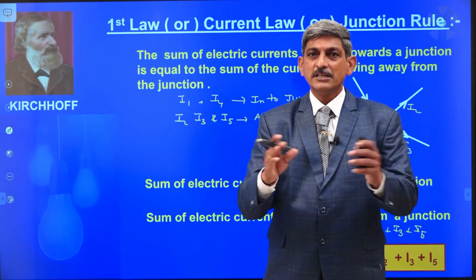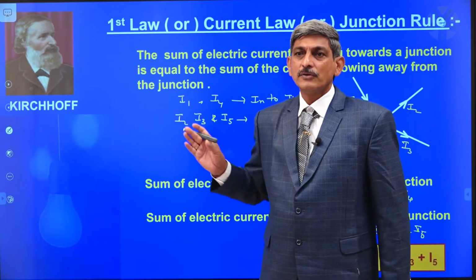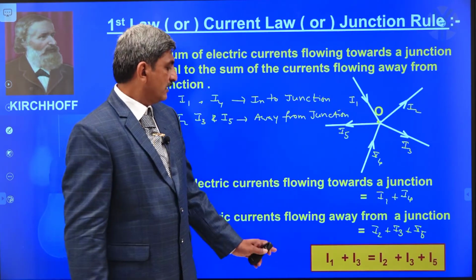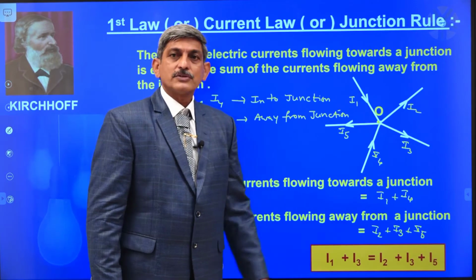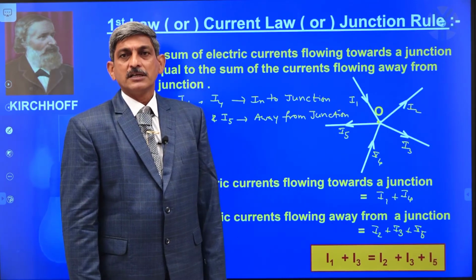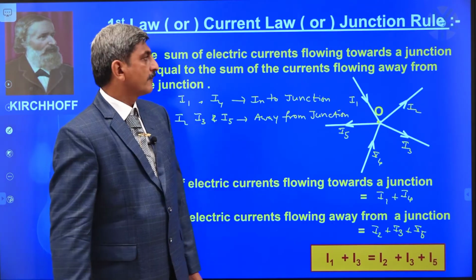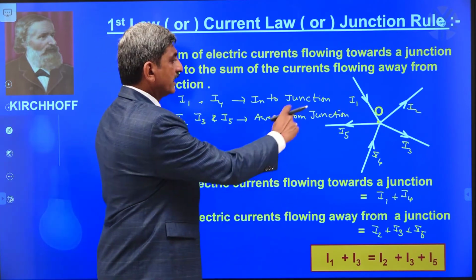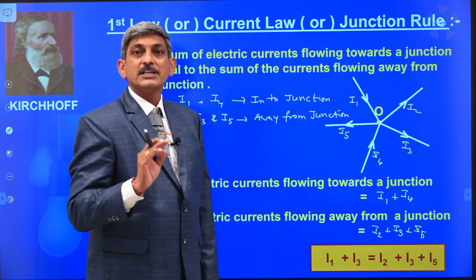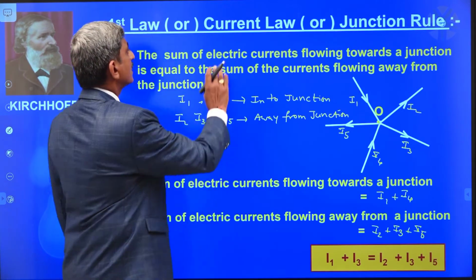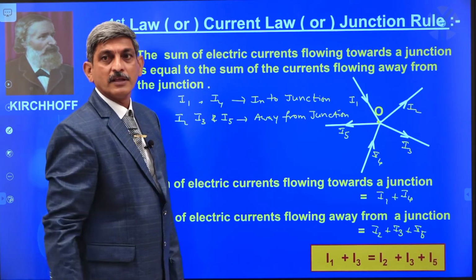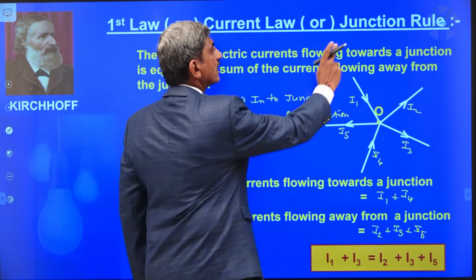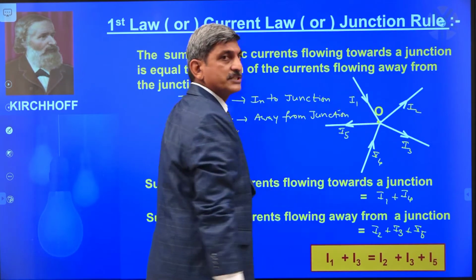Now simply equate the two, and we get an equation. From this equation, by substituting the known values, we can determine the unknown value of the current. This Kirchhoff's first law deals with currents, that's why it is also called Kirchhoff's current law. This law is applied at a junction, that's why it is also called Kirchhoff's junction rule.